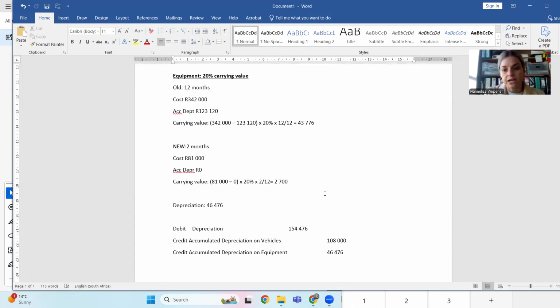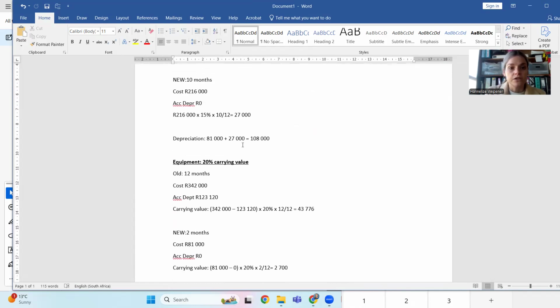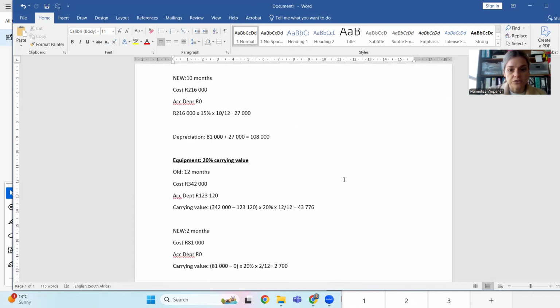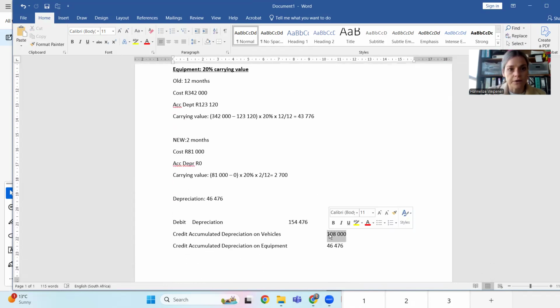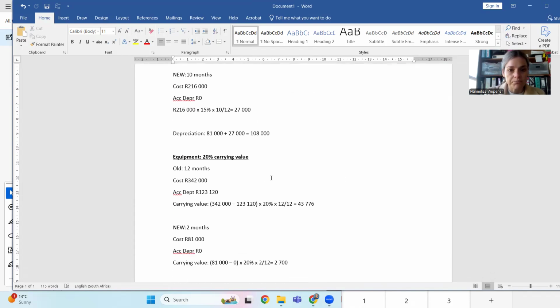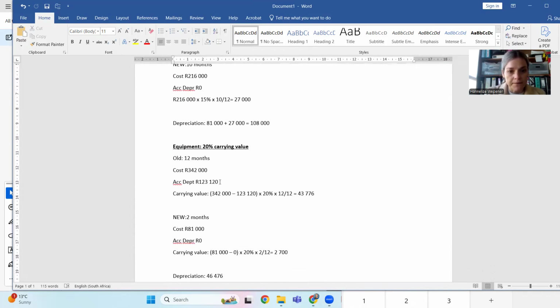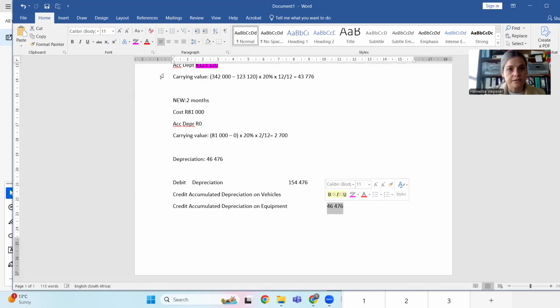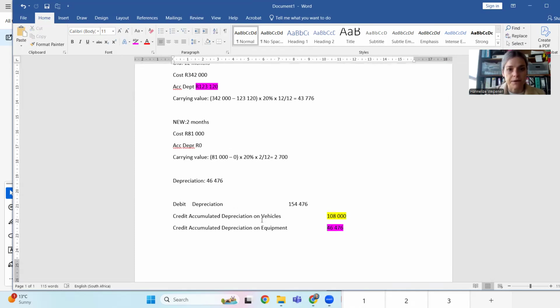So if you then have to calculate the total accumulated depreciation on vehicles, you're going to take what you started with, your 135, and you're going to add to that your 108 to get your total accumulated depreciation, so the balance at year end. Then the balance at year end for your equipment is therefore your opening balance plus my current year's depreciation that I'm adding onto that to get my balance.